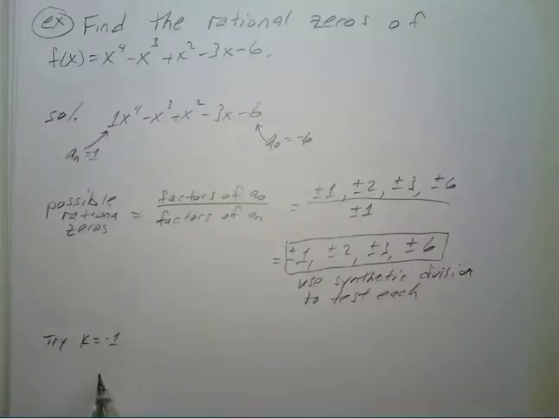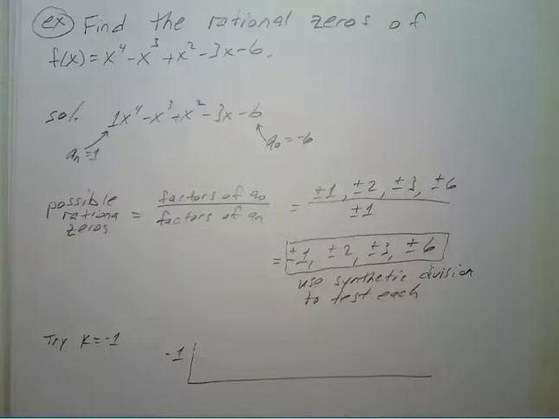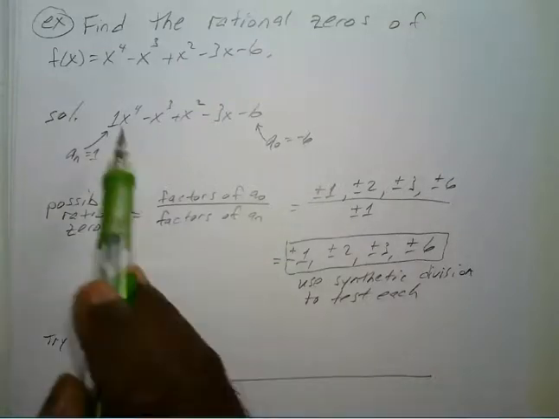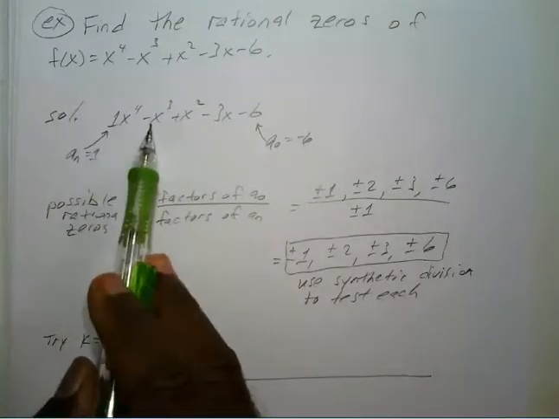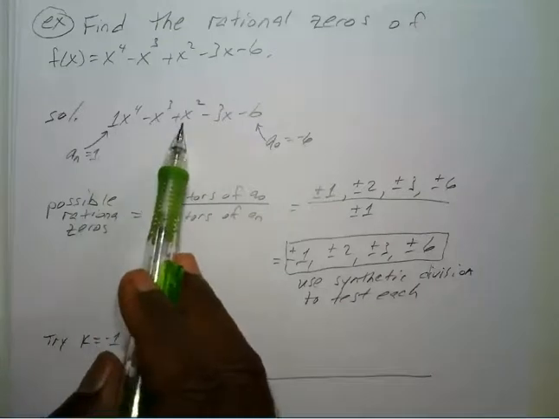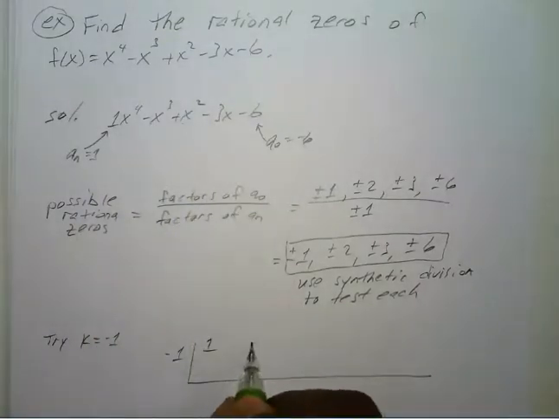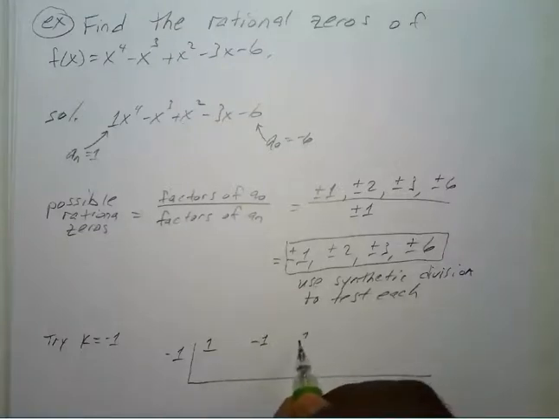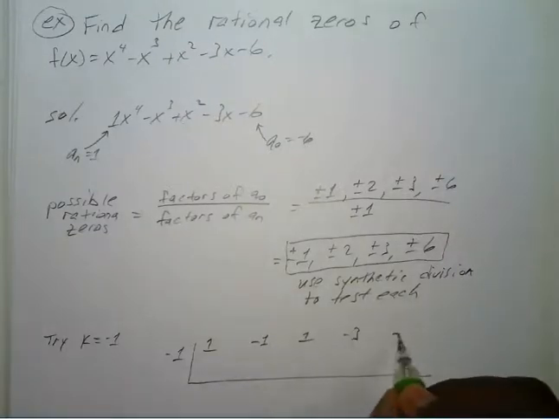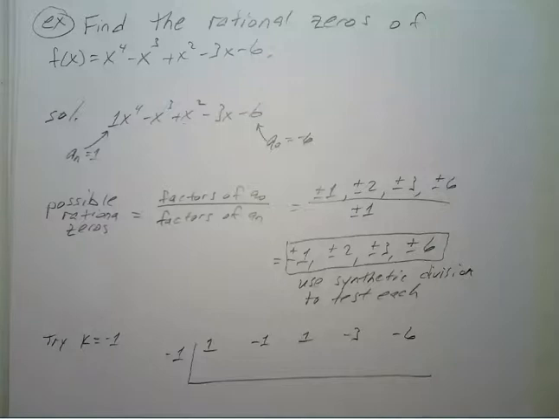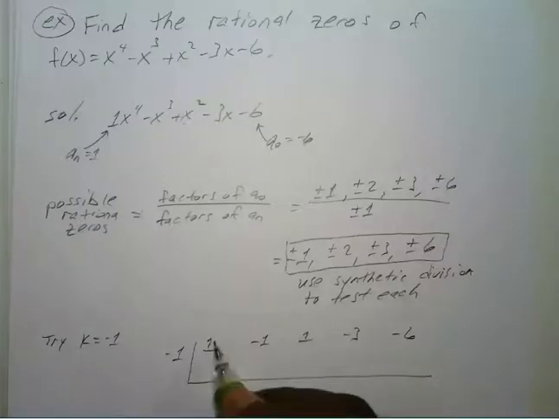We're going to use all of our coefficients: 1, negative 1, 1, negative 3, and negative 6. So we bring down our first one.